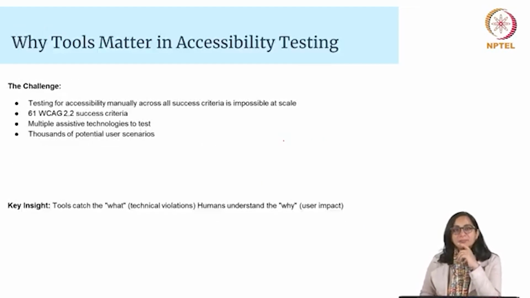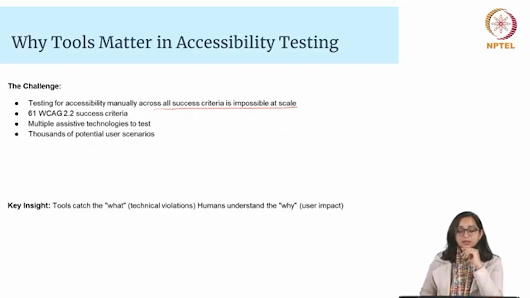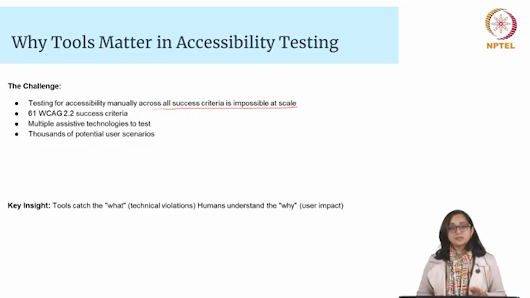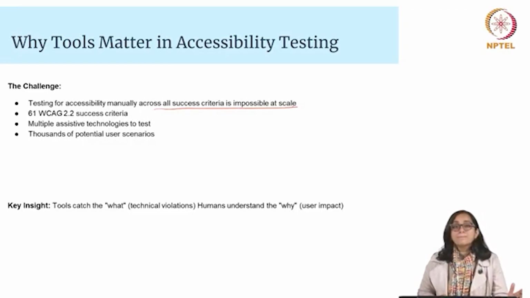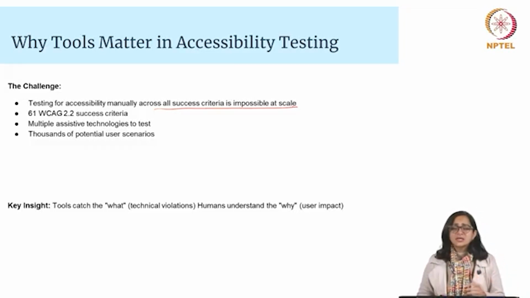So why do tools matter in accessibility testing? The challenge is that testing for accessibility manually across all success criteria is impossible, particularly if we are talking about multiple lengths of code, many blocks of code, a lot of elements in your website or on your product, a lot of walkthroughs.